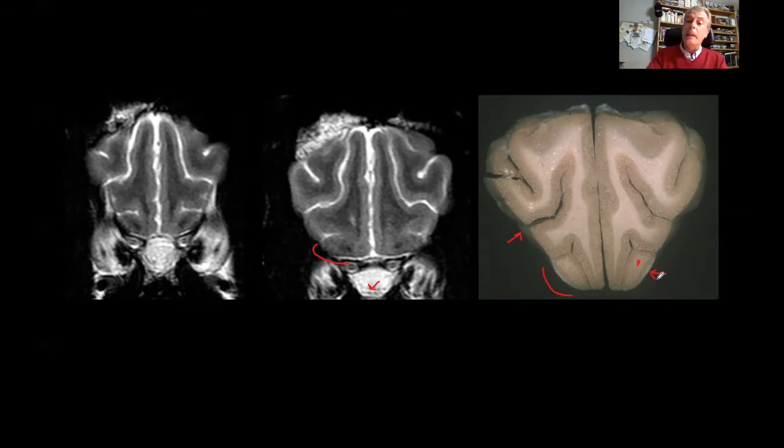This is the basal portion of the paleocortex. Okay, and here in the olfactory bulb we also see white matter. What is this? This is the intermediate olfactory stria, and on the periphery we have the lateral olfactory stria.